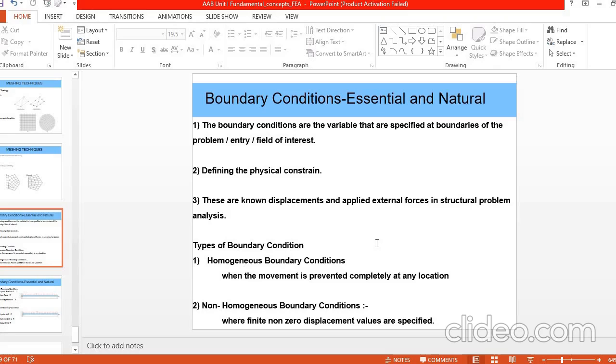One is homogeneous boundary condition, the second is non-homogeneous boundary condition. In homogeneous boundary condition, the movement is prevented completely at some locations, meaning degrees of freedom is equal to 0. In non-homogeneous boundary condition, finite non-zero displacement values are specified, meaning some deformation is possible.